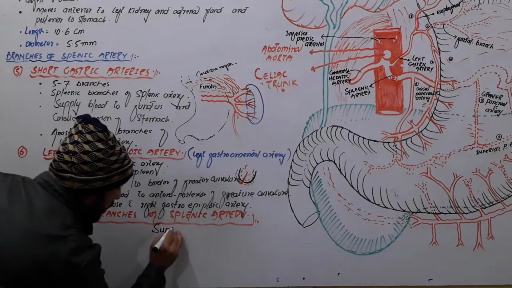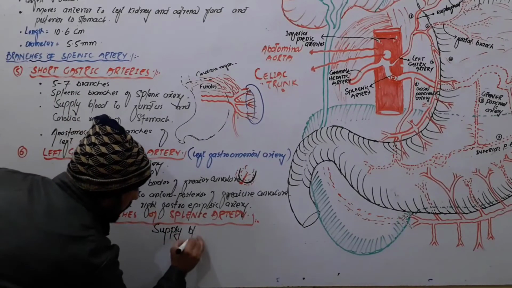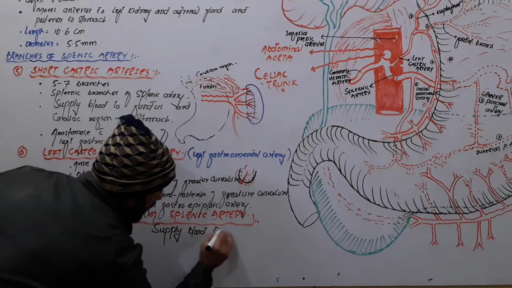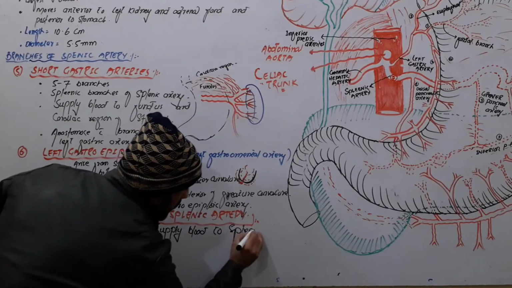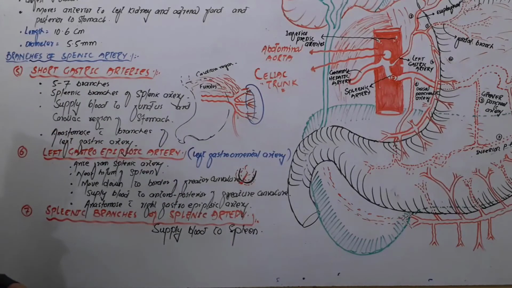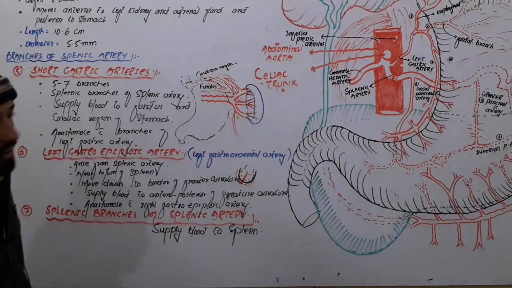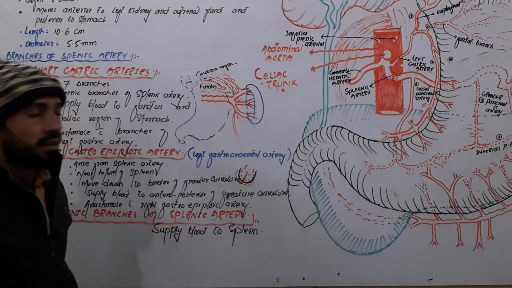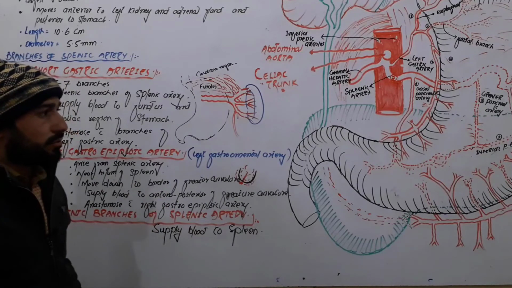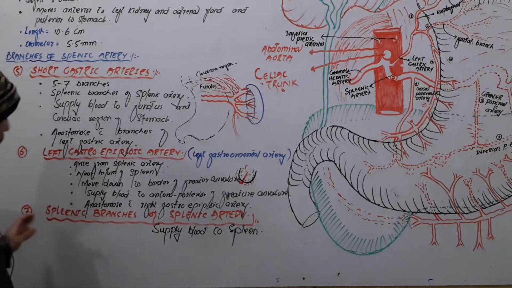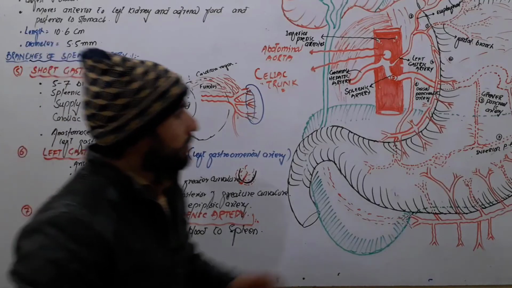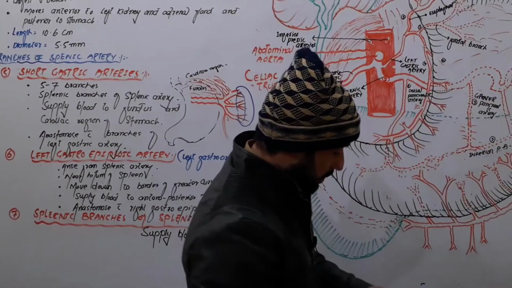So they supply blood to the spleen. If there is time, we will discuss these branches also, how they enter the spleen and how they bifurcate and supply blood to it. So friends, these 7 branches are the branches of the splenic artery.